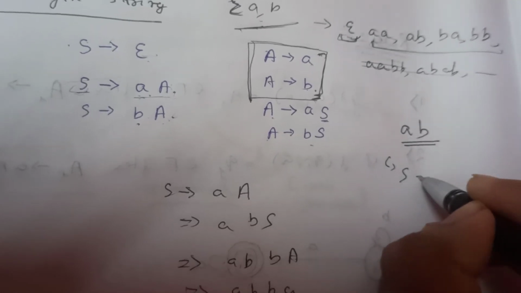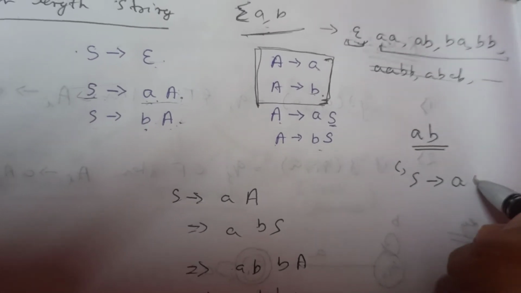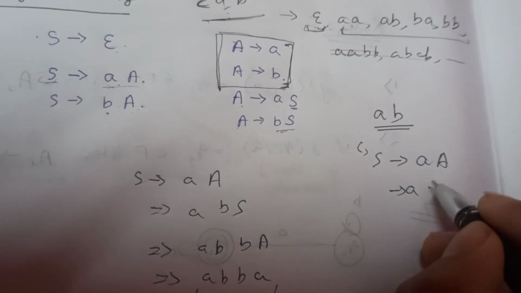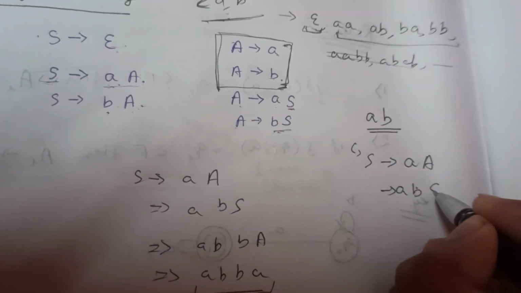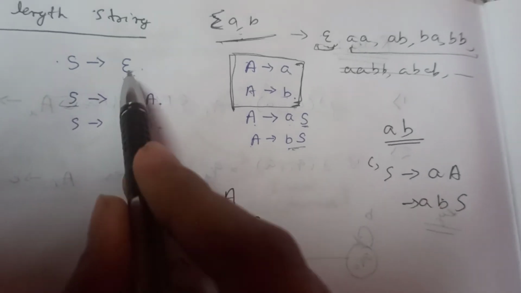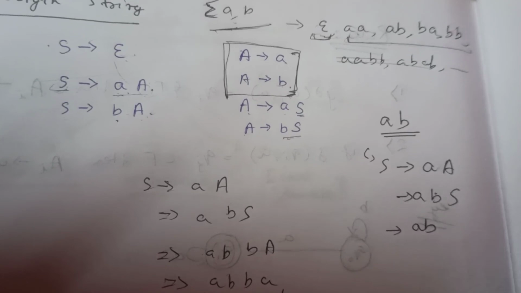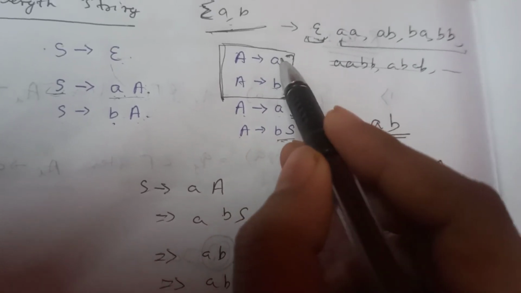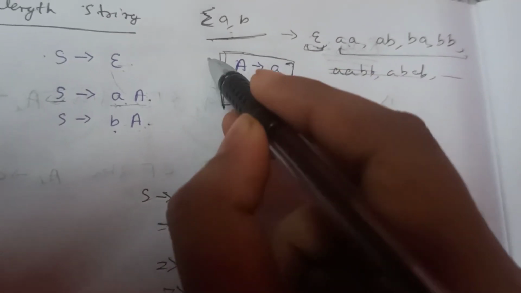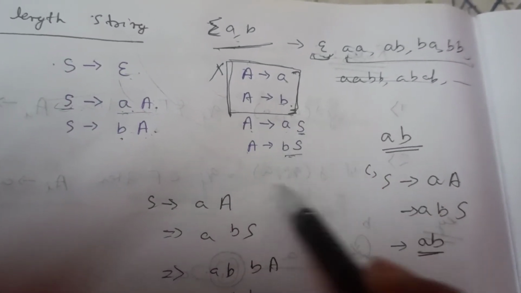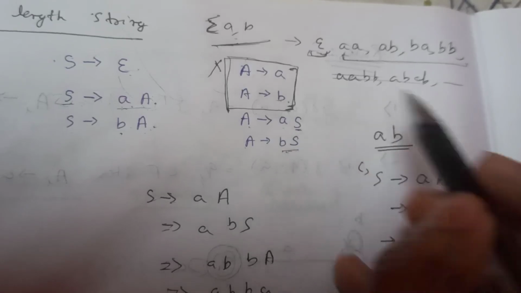From S we will take AA, and for A we will take BS. From A to BS, and for this S we will take null, so it will be AB. Okay, so even if you remove these two particular production rules, this grammar is also foolproof. So these are not needed.